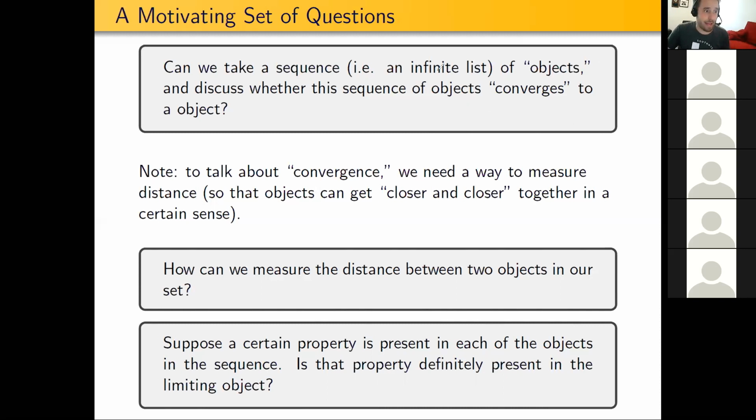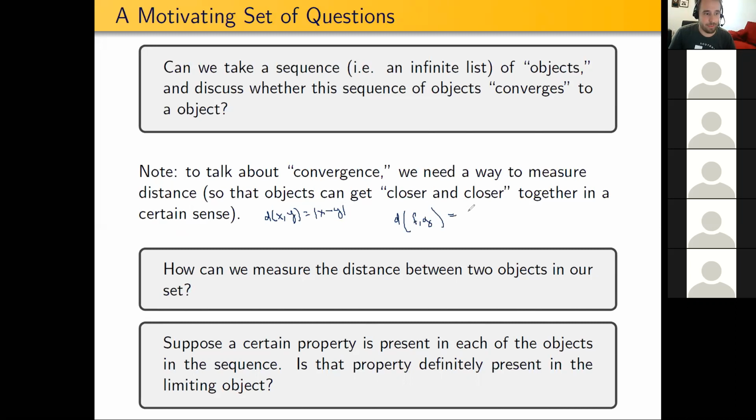The way that we measure distance in the real numbers is that the distance between 2 points x and y is just given by the absolute value of x minus y. And we might ask the question, how do we measure distance in these more abstract spaces? So maybe the distance between two functions f and g defined on a common domain, say from a to b.